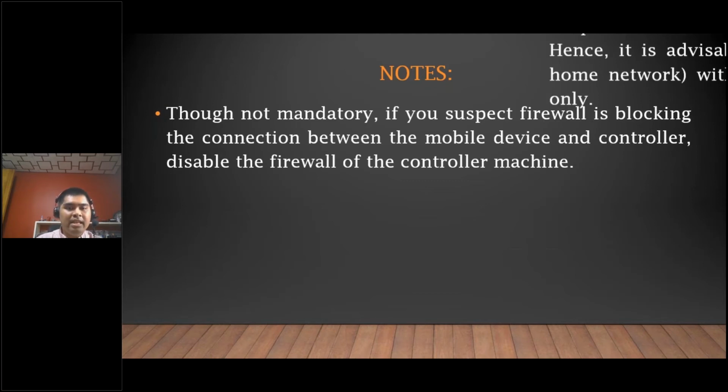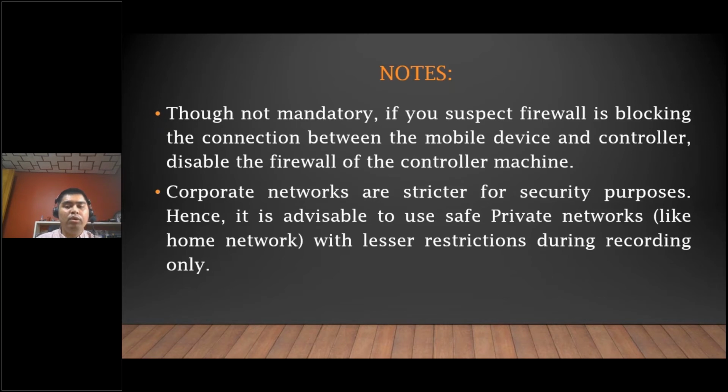The next thing is corporate networks. We all know that corporate networks are stricter because, again, they are protecting client data and for security purposes, right? But if it's preventing you from recording or capturing traffic because the network is too strict, then it is advisable to use a safe, less strict but private network like a home network.